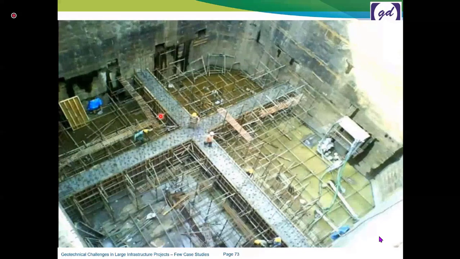This raft was prepared in record time, and the structure was commissioned in approximately 2007, and from that point to today, no uplift problem has been experienced in any compartment of the scale pit.